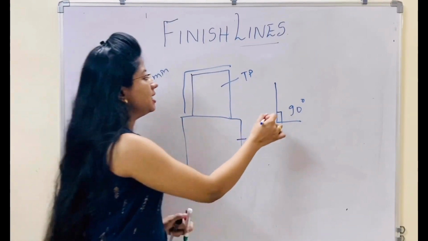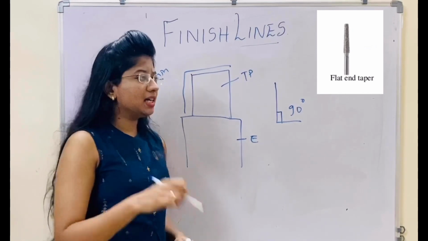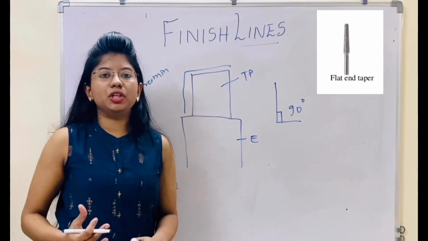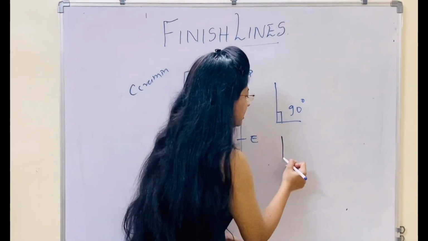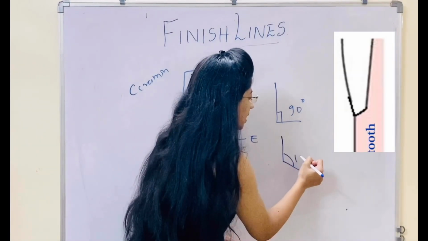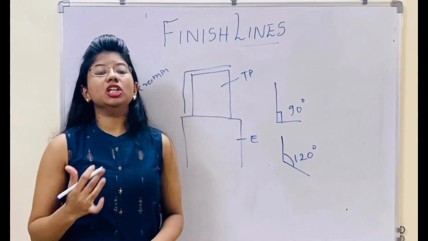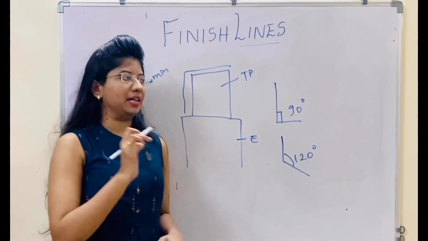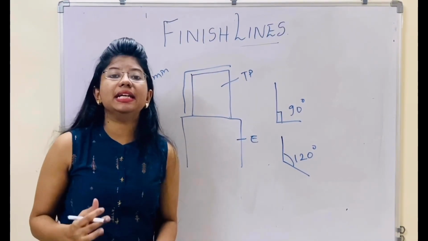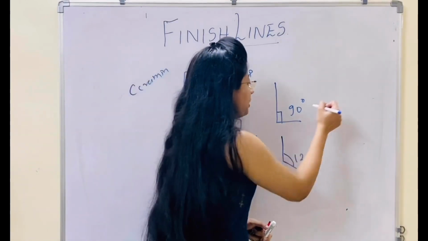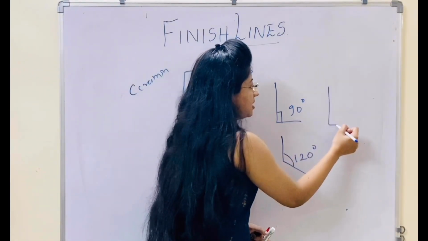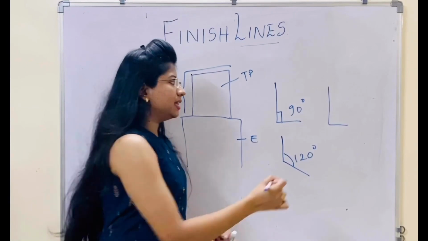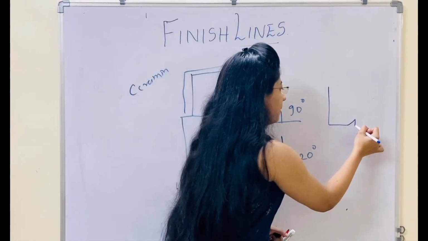That's why it is 90 degrees. Then come different forms of the shoulder. When this angle goes to 120 degrees, then it is called a sloping shoulder. Why sloping? And why do you need to give a 120 degree angulation? Because sometimes in this type of 90 degree, there is unsupported enamel.